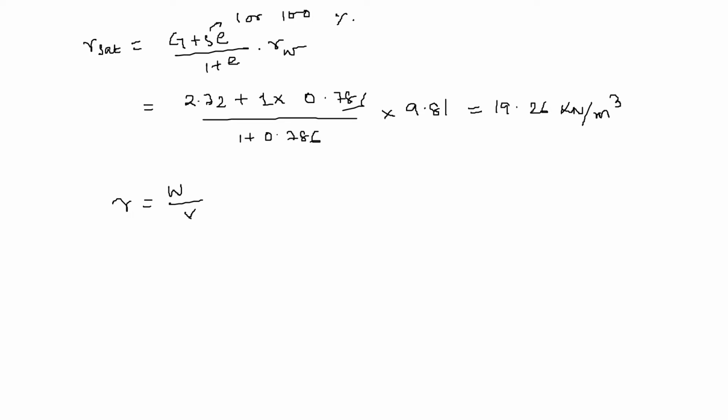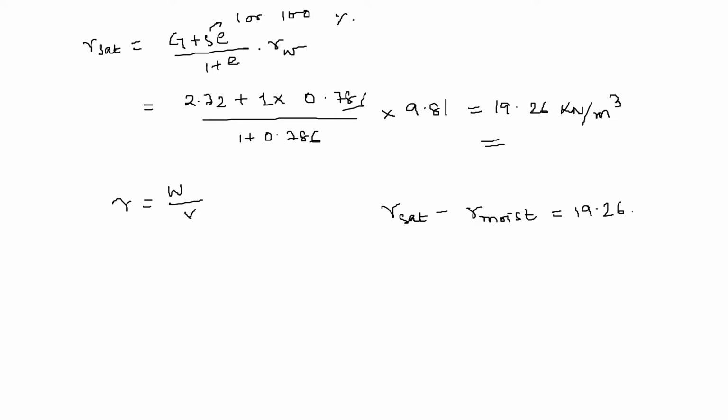So if we simply subtract the gamma moist that we have found out from the gamma saturated, we can get the weight of the water to be added to the soil sample per unit volume, right? So the saturated unit weight we have got is 19.26.